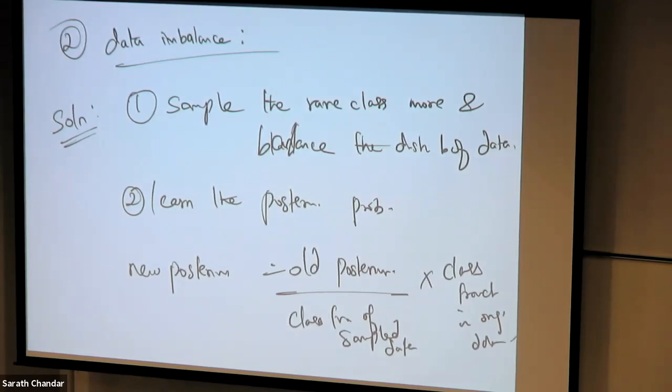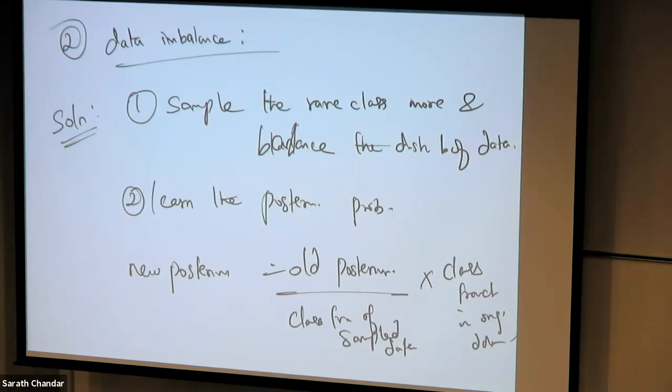I can just play with the fractions and I will get an estimate as if I started with the original probability distribution. The old posterior is the posterior distribution I computed from the balanced data set.